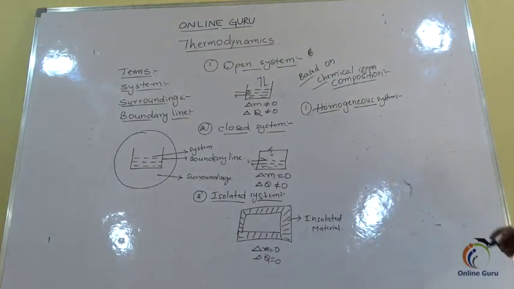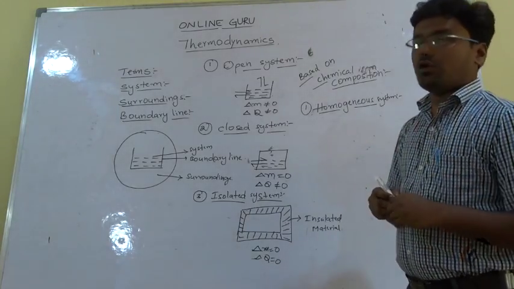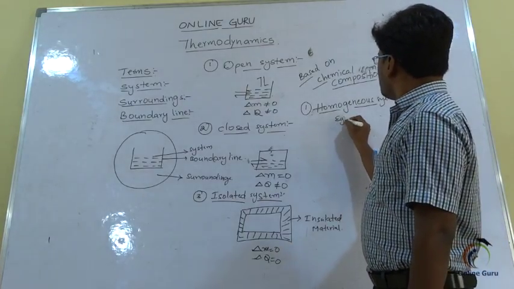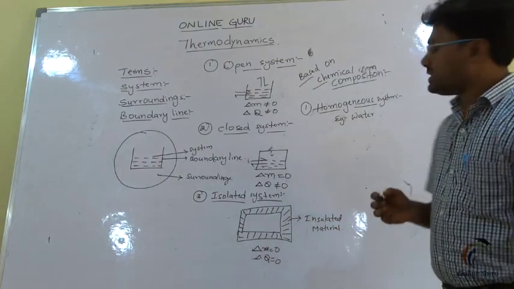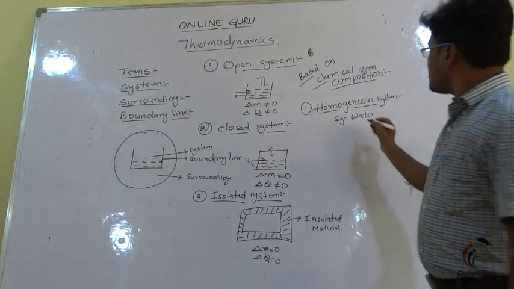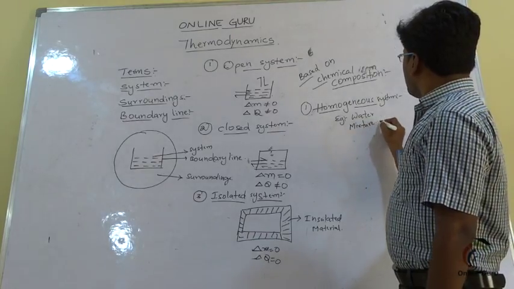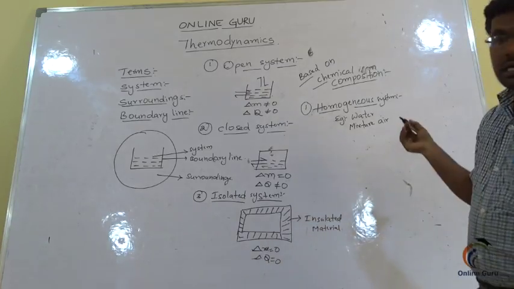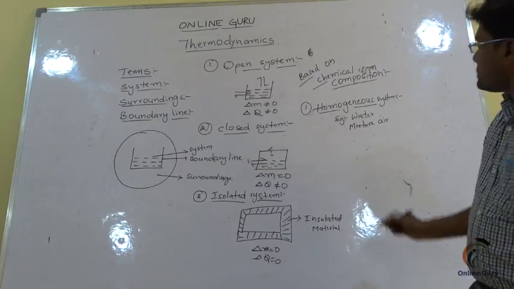What is a homogeneous system? A system which contains only one phase throughout is called a homogeneous system. An example is water in only the liquid state, or a mixture of air, where only the gaseous phase can be observed. These two are examples of homogeneous systems.